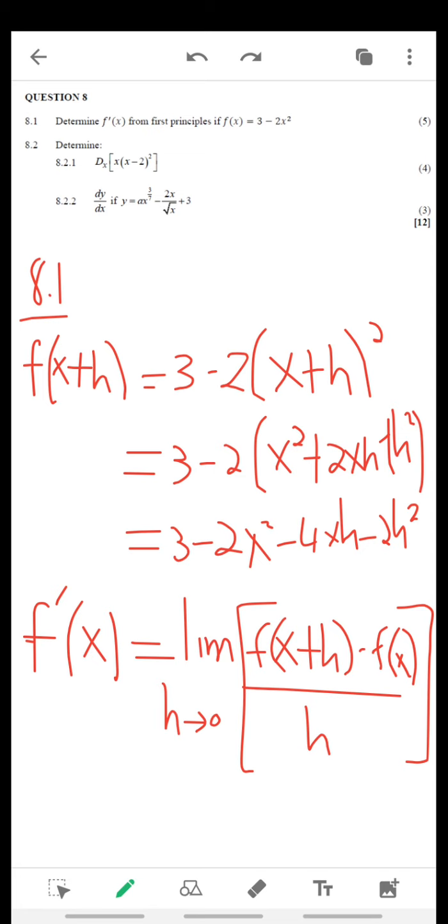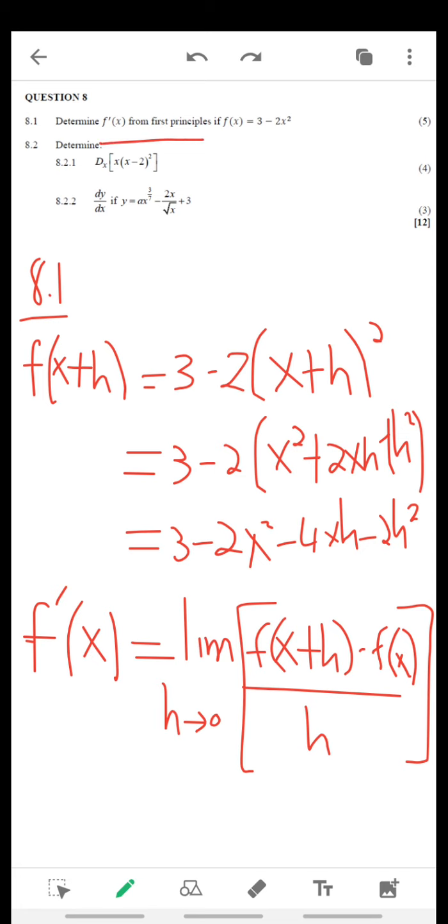Okay, so we are quickly going to go through the questions, and if you need notes, please refer to the first session on calculus. Now 8.1, you need to determine the derivative of f from first principles.